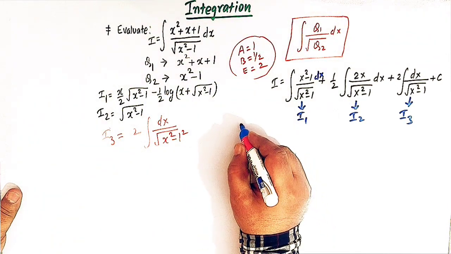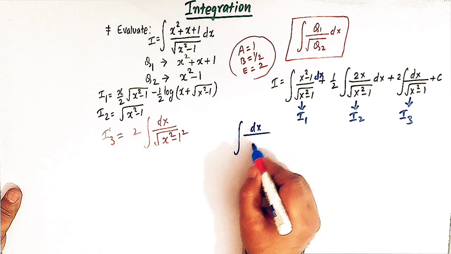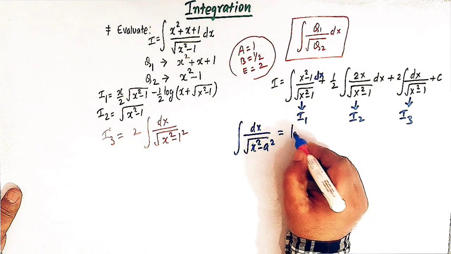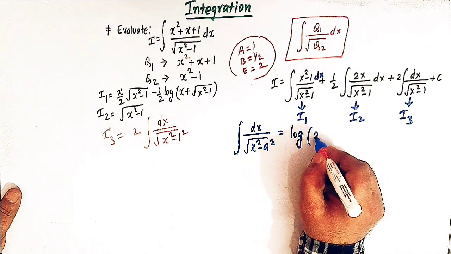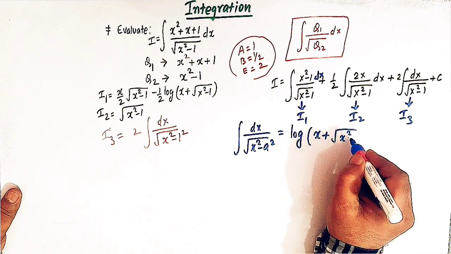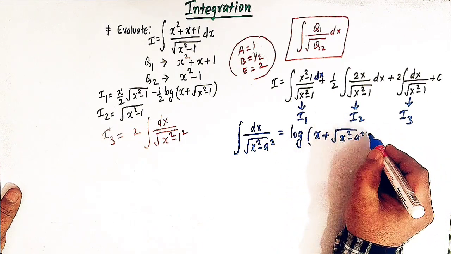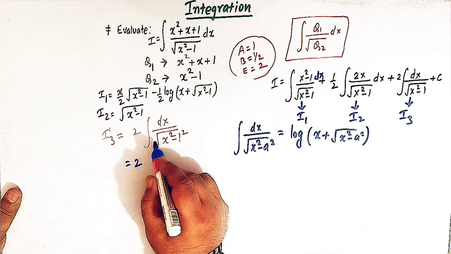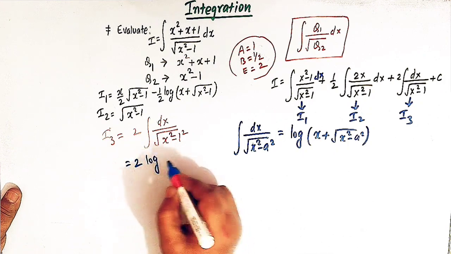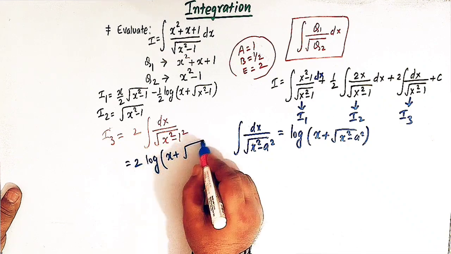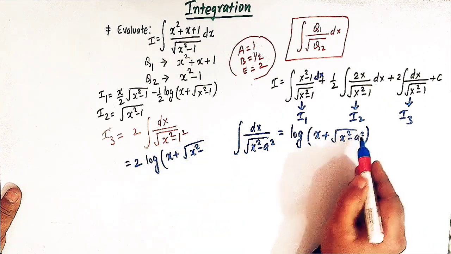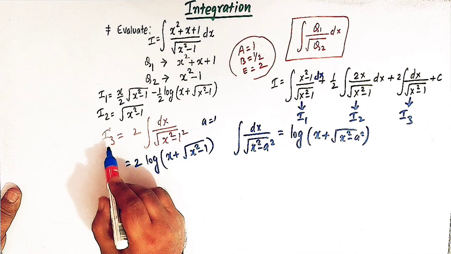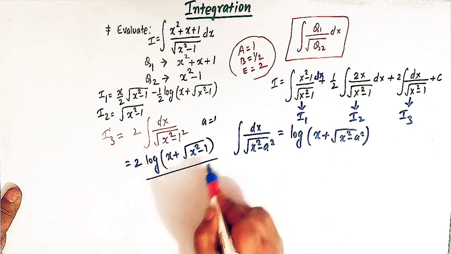So we have this important result, that is the integral dx over square root of x square minus a square is given by the natural log of x plus square root of x square minus a square, right? So we'll apply this result to this one. So we have 2, and then we have log of x plus square root of x square minus a square. Our a is 1, so 1 square is simply 1, right? So the value of I3 is given by this expression.